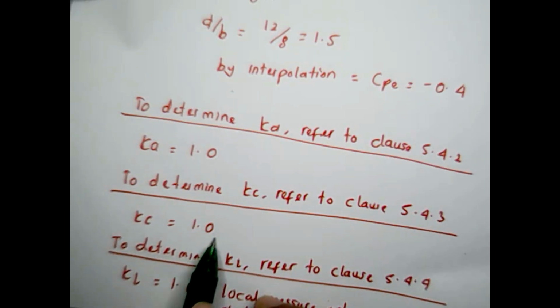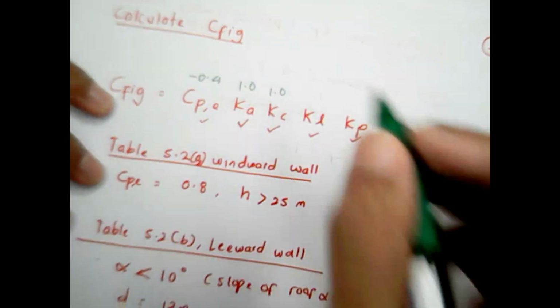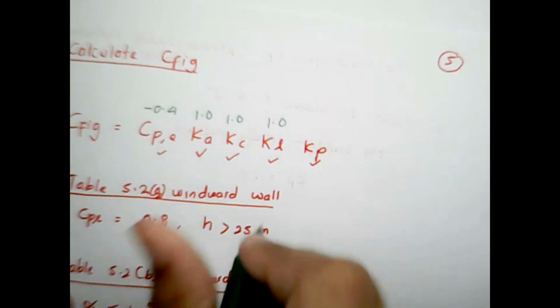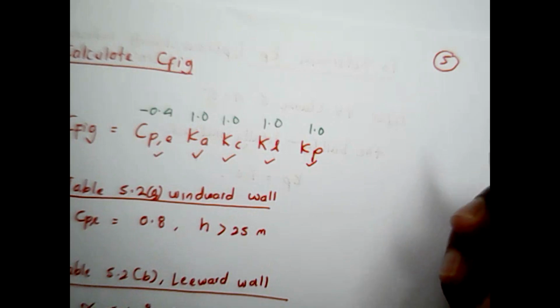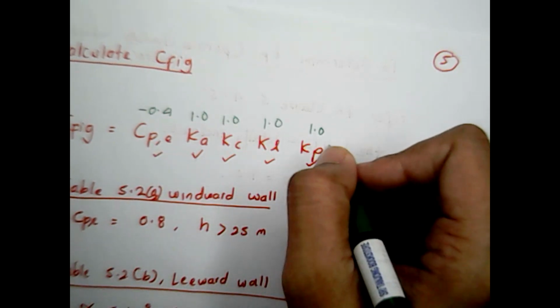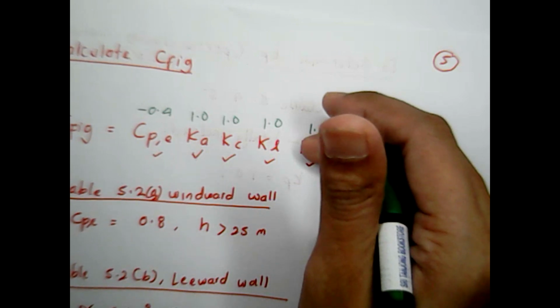Your KC is equal to 1, KL also equals 1, and KP is also equal to 1. So finally, you calculate your CFIC for windward.